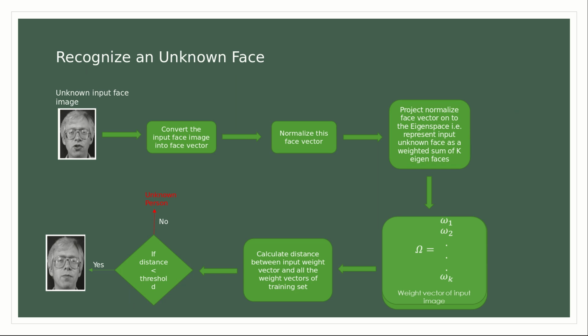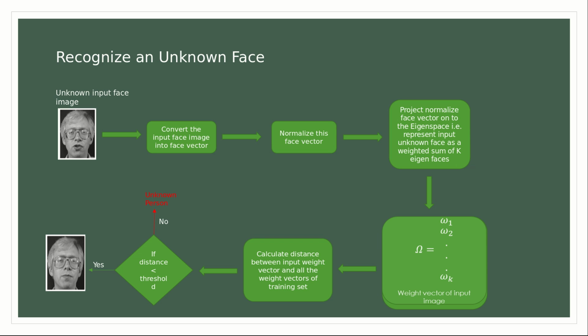So now that we have trained our recognizer, it's time for us to recognize an unknown face. Whenever we input an unknown face image, we convert that face image into a face vector, as we have done earlier. Then we normalize it, which means subtracting the mean face vector from the input face vector.